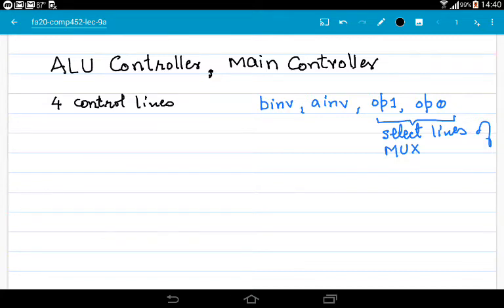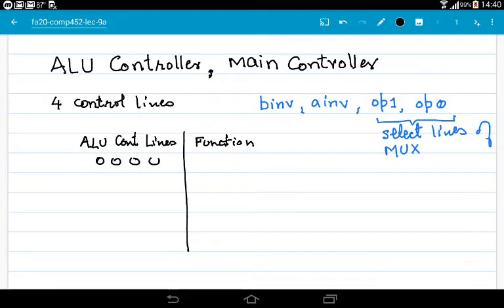So here we have the ALU control lines, and then the functions that they perform. If all 4 lines are 0, our ALU will perform the AND operation on the 2 input values.